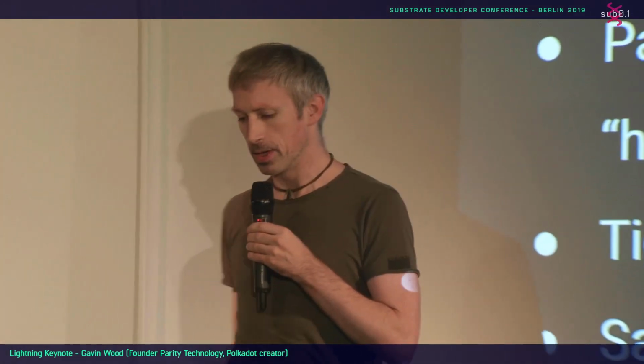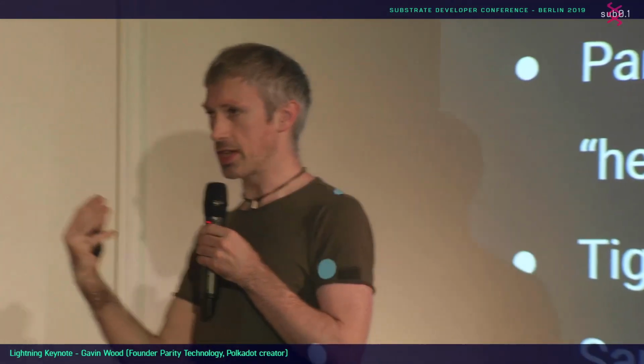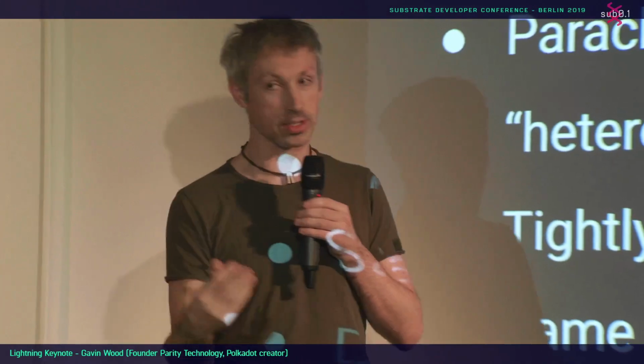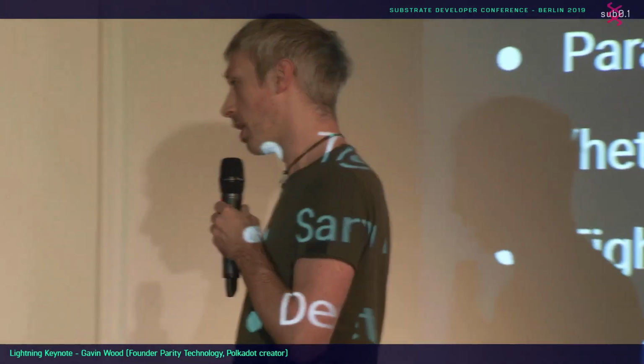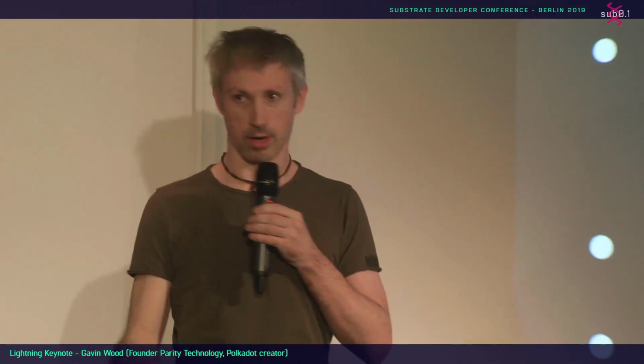The bridge model is one where each individual chain looks after its own security. Messages can be passed between them, but the messages are largely meaningless unless you trust the security apparatus, the validator apparatus, the amount of stake behind those validators, so the economic guarantees provided to you by them of where the message is coming from. If you don't trust that, then the message may as well be garbage.